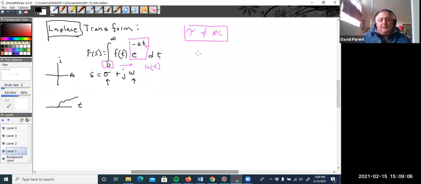So let's find delta of s. All right. Now here's a convention. Notice, time domain, lowercase function of t, F of s for the s plane, right?